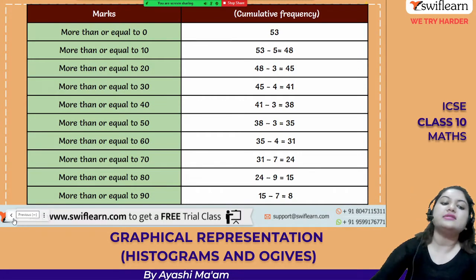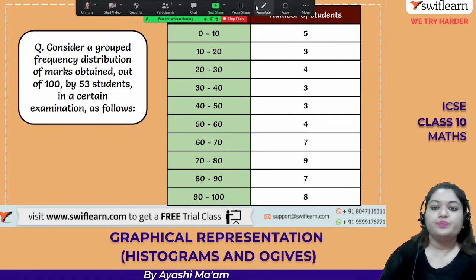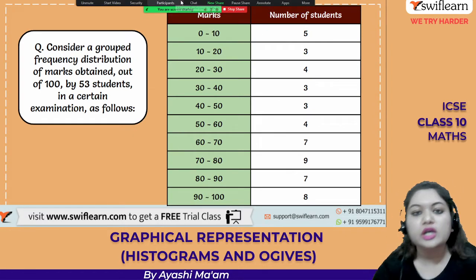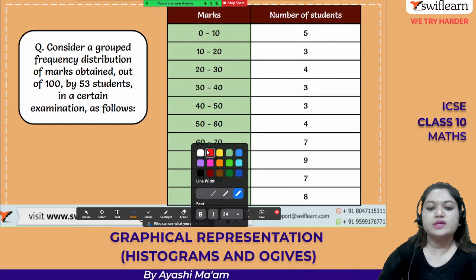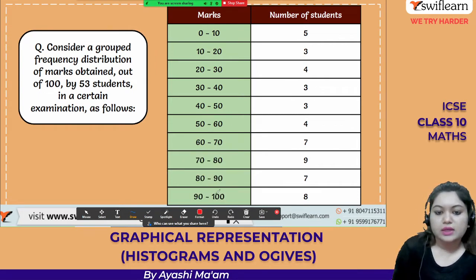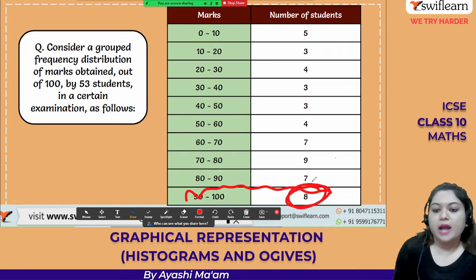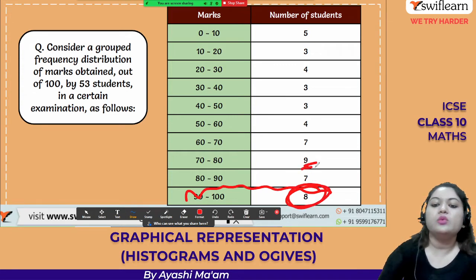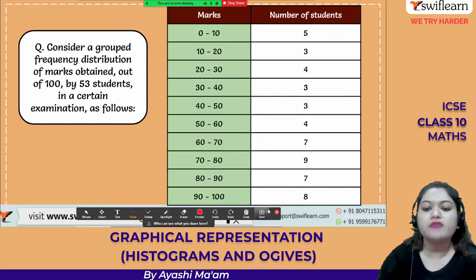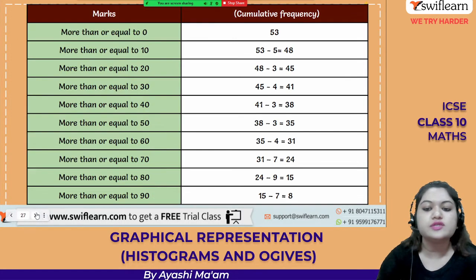Last one, see, it is more than or equal to 90. That means this part. They are talking about this part. So till here, what is the value that we have got after subtraction? From that you simply need to subtract 7.